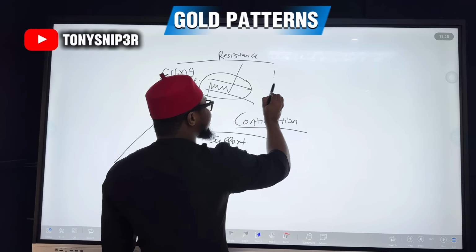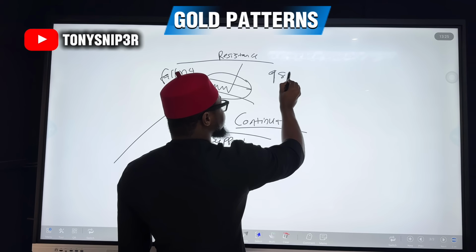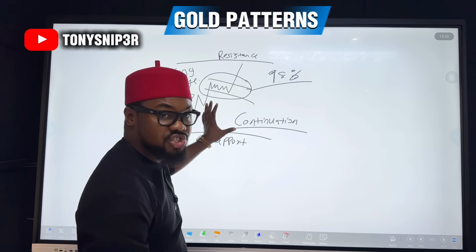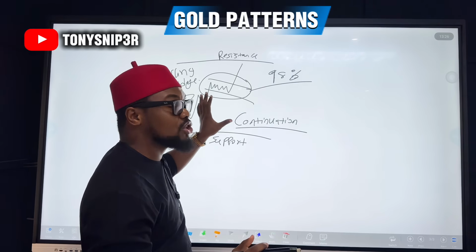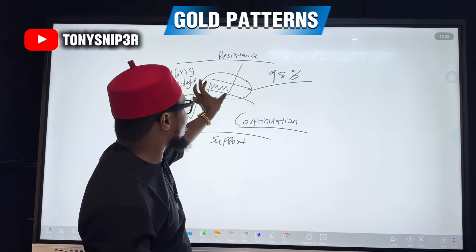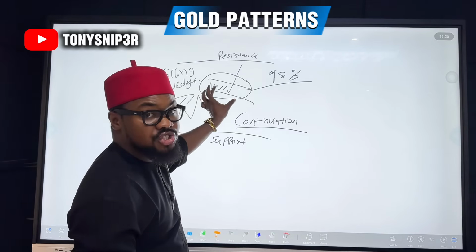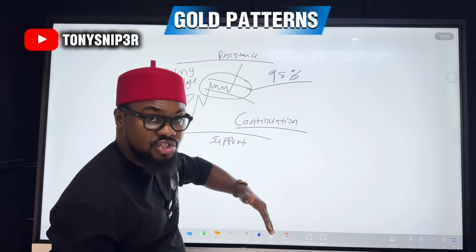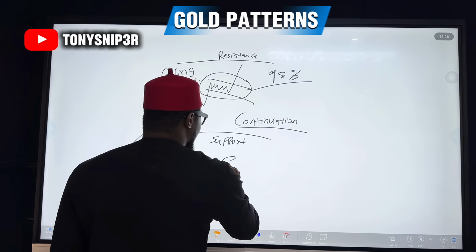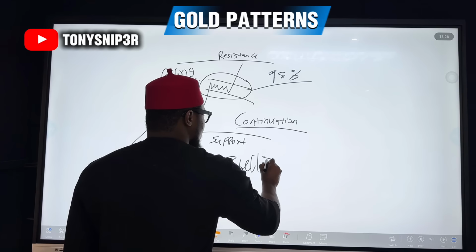There is a 98% chance, especially when the market is bullish. Always remember this: when you're trading gold, if the market is bullish, only look forward to a falling wedge. And when the market is bearish, you should look forward to a rising wedge.